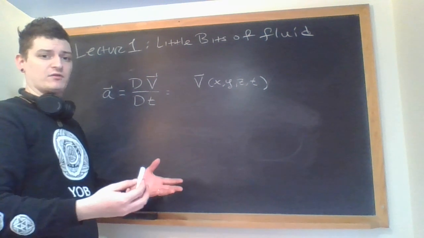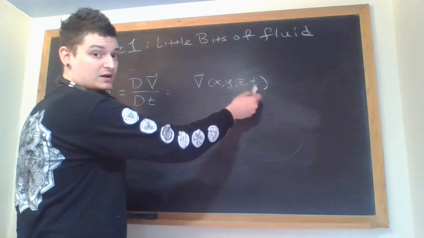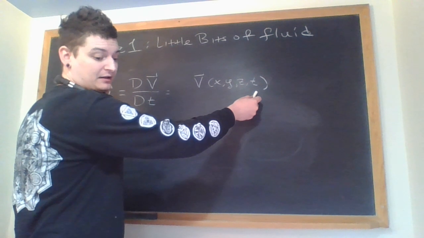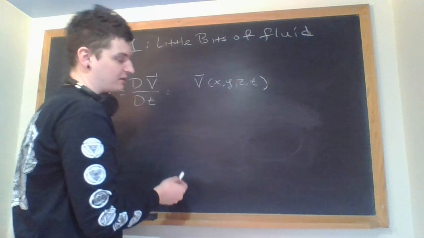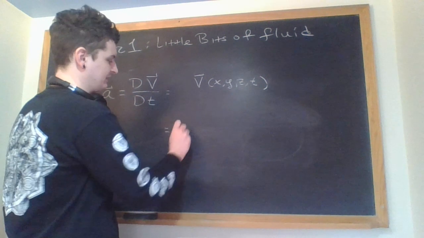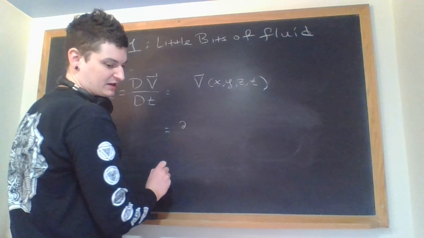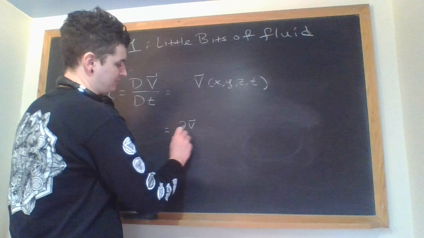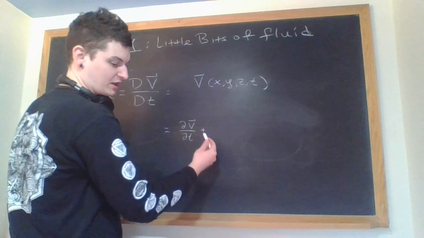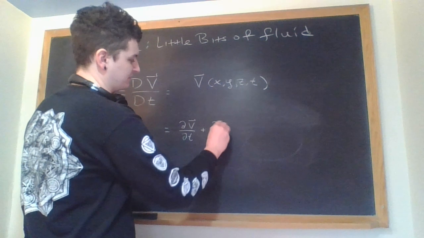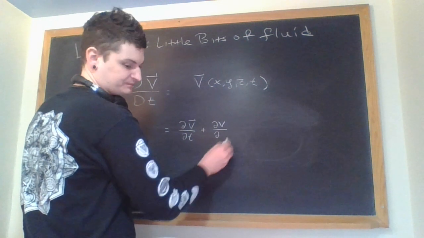You took Calc 4 to realize that any multivariable function is really the summation of little bits of change of each argument. So that means some time rate of change of the vector, plus another additional change, which we're using the chain rule on.